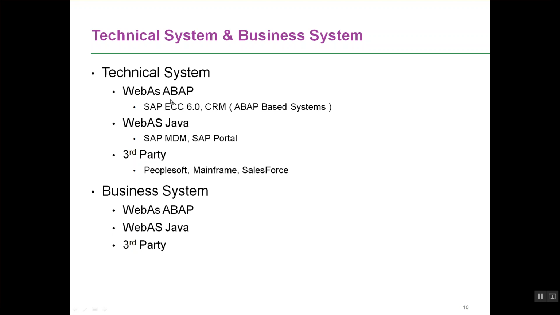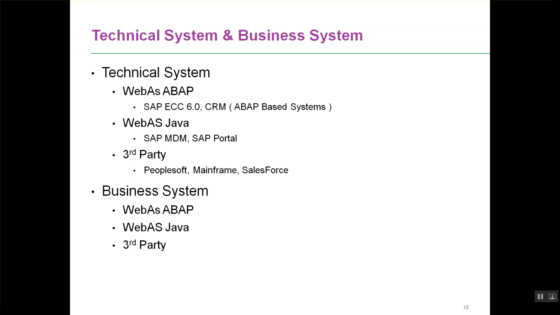And you guessed it right. If a technical system is of type web-based ABAP, the business system will also be of type web-based ABAP. If a technical system is of type web-based Java, the business system will also be of type web-based Java. If the technical system is of type third-party, the business system will also be of type third-party. Now, what is the relationship between a technical system and a business system? For a web-based ABAP system, as we all know, it can have multiple clients.